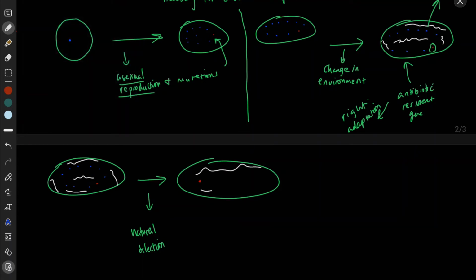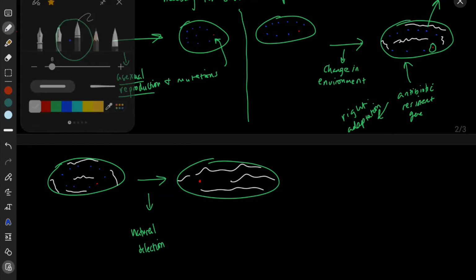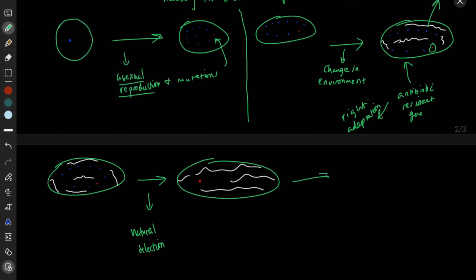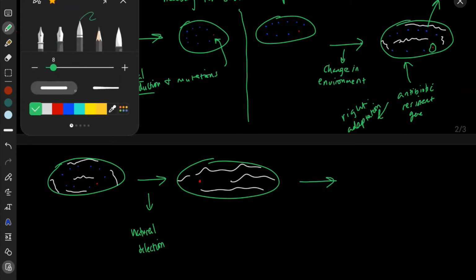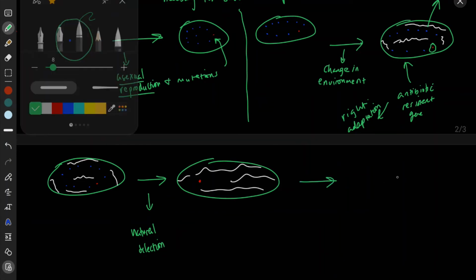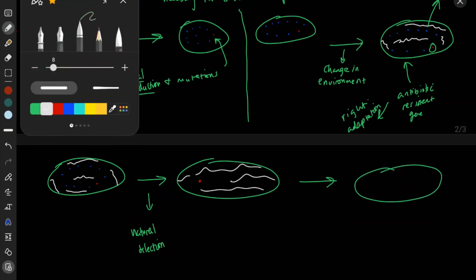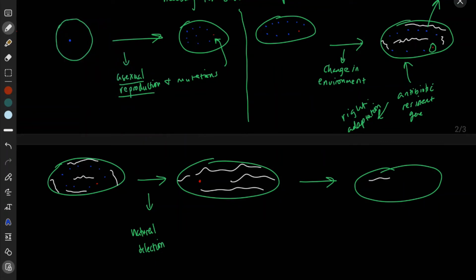So we still have the antibiotics here, right? And so now what's going to happen over the next 10 times of reproduction? Let's draw this again, right? So we still have our antibiotics, and so on.